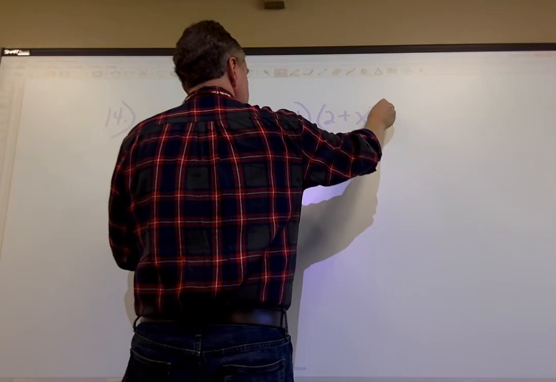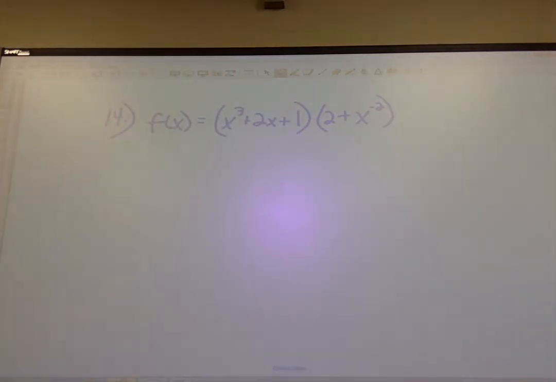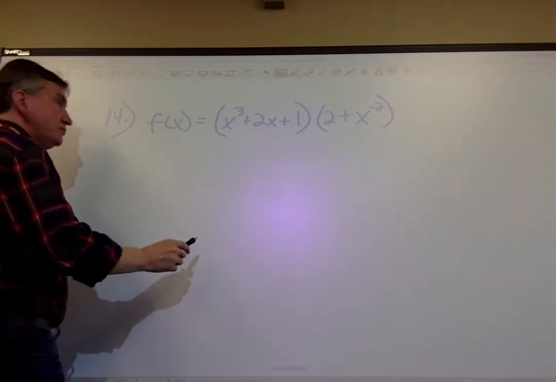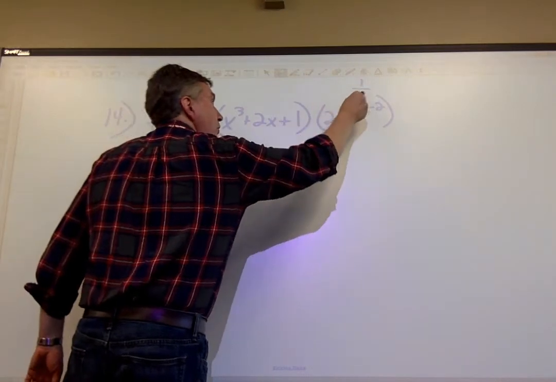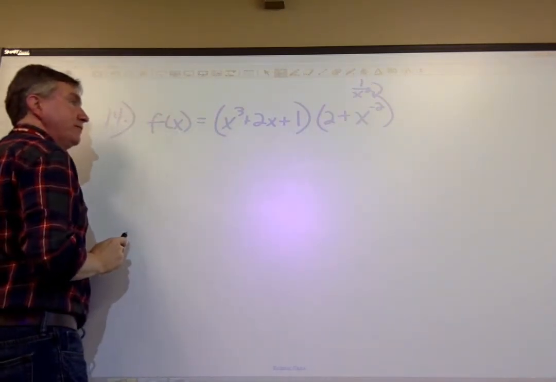Would that be good? Would you agree that's 1 over x squared? And then I can use my power rule for that part of it. So if I wrote my 1 over x squared like this, I'm going to be in better shape, right?